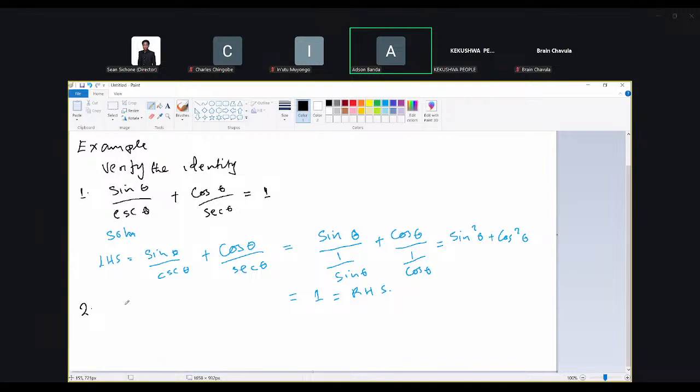The second example is we verify that cos x plus cos x times the tangent of x squared should be equal to the sec of x.